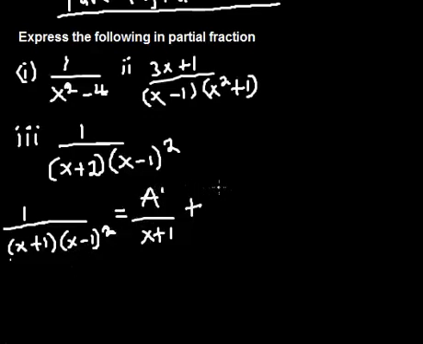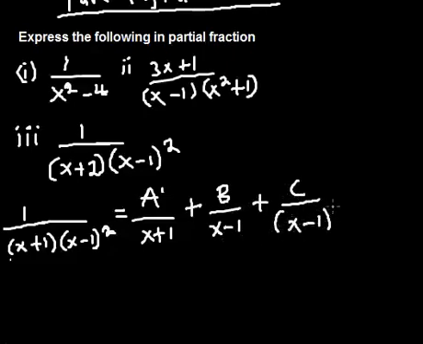So I'm going to start with b all over x minus 1, then c now increases, all over x minus 1 all square. If it was cube, I would have also gone plus d over x minus 1 all cube. So please take note of that.